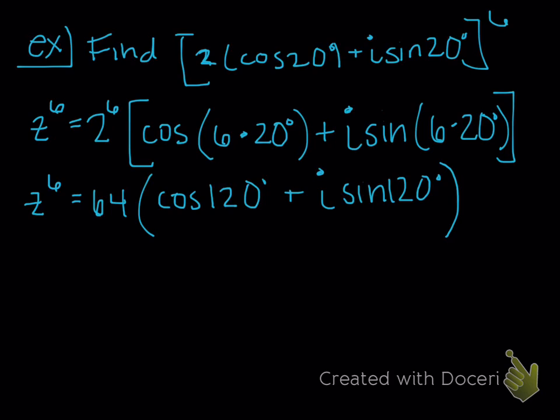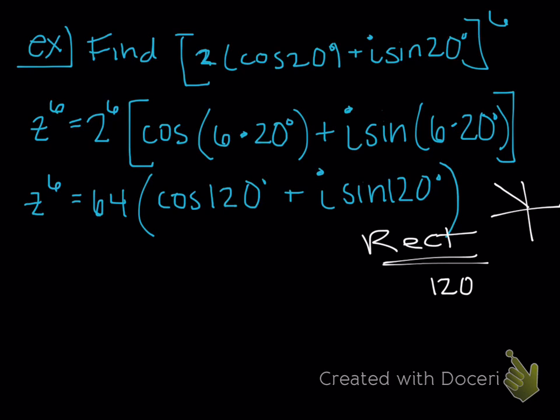And the directions want this written in rectangular form. So now I want you to put this in rectangular form. So I need to convert this. I know 120 is in quadrant 2. And if I wanted to convert this, remember I could multiply 120 by pi over 180. So I could figure out what this is in radians.